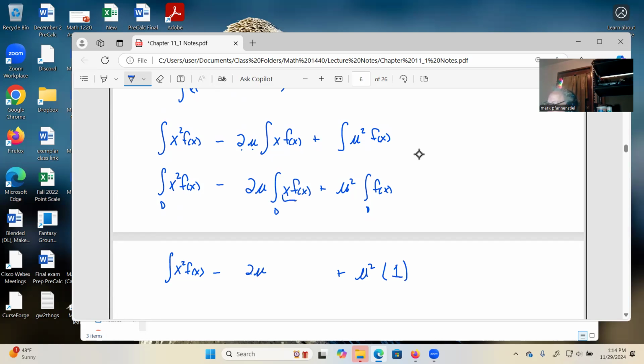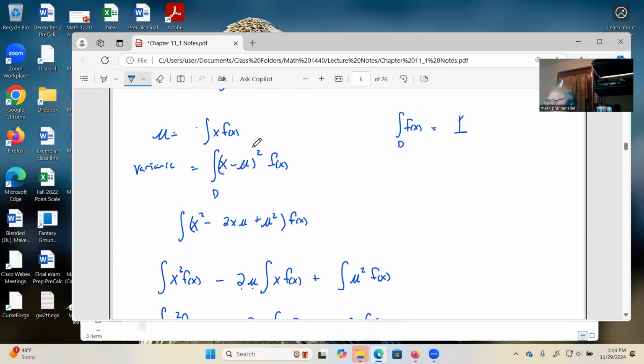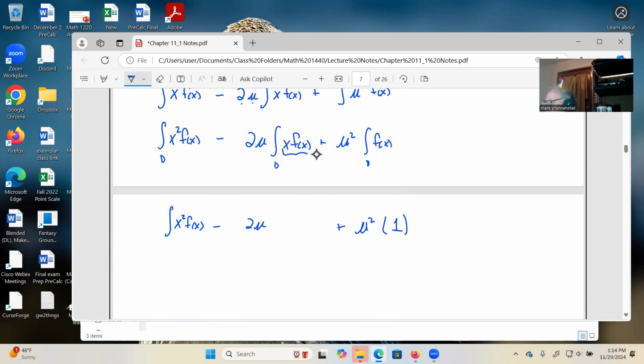Now, here's a tricky part. What was the integral of x f of x? Wasn't that mu? Yeah, that's mu. So we're going to say that this thing here is replaced by mu. So this is the integral of x squared f of x minus 2 mu squared, and we have plus mu squared.